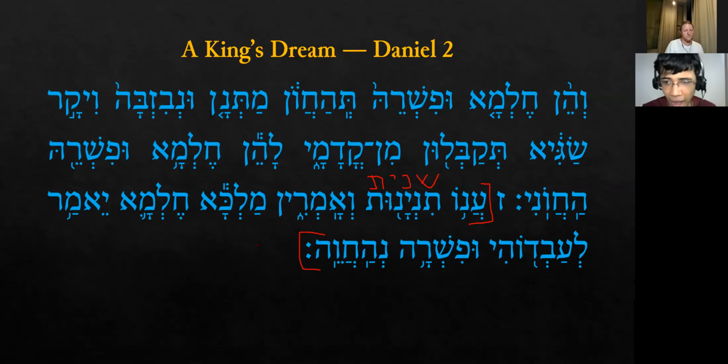Leavdohi ufishra nehachave. Notice this here is an accent, meaning that the stress is here. Leavdohi. So this means shenit. It means a second time or again.